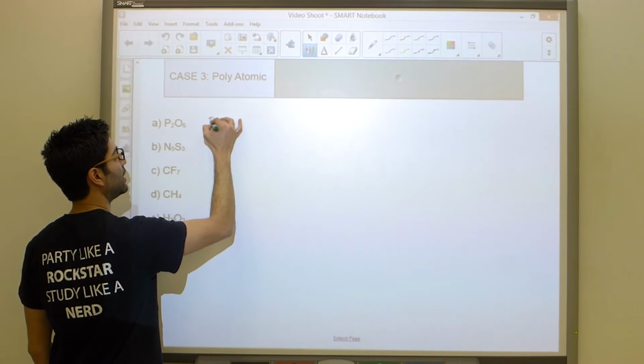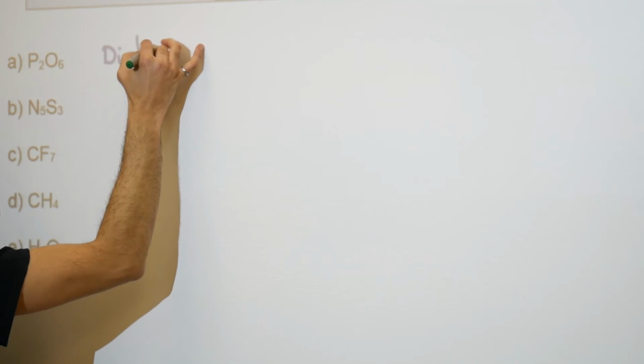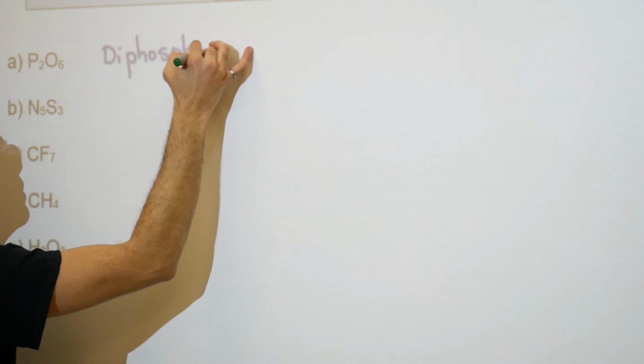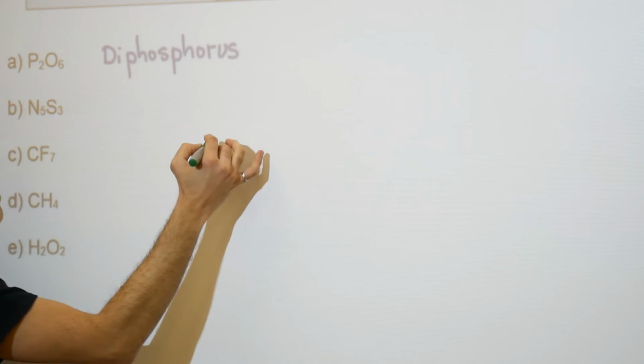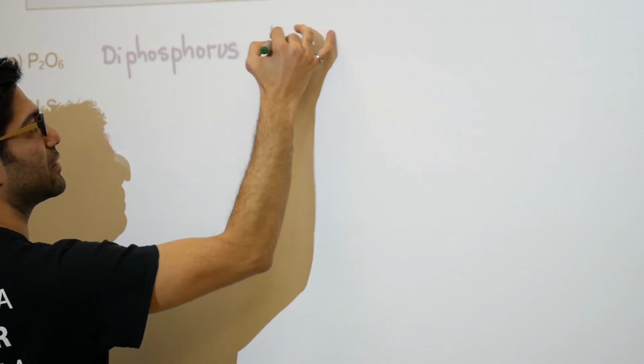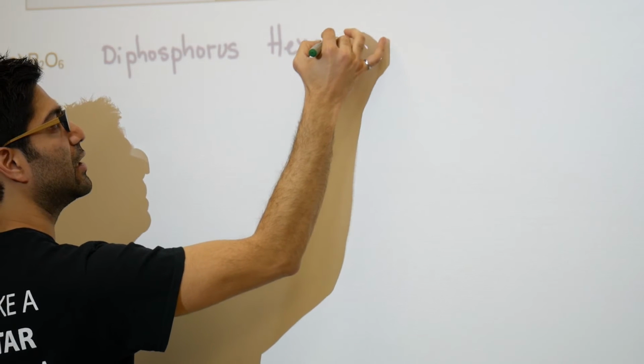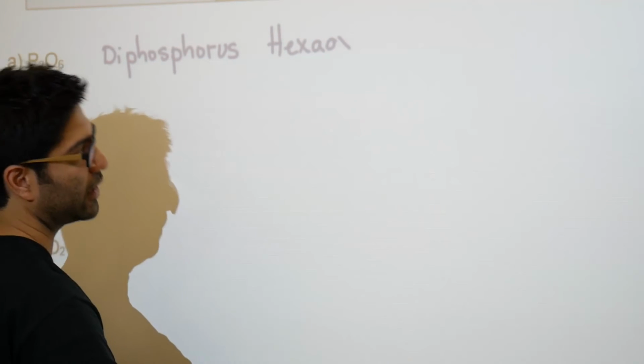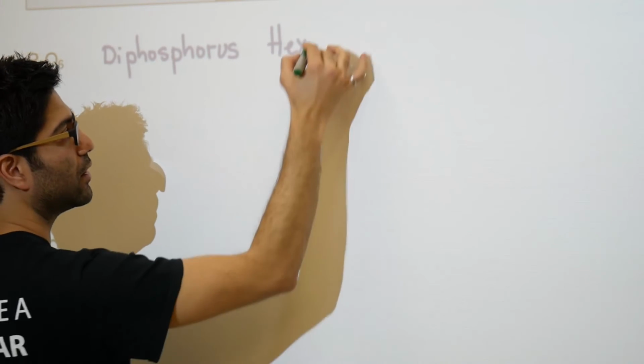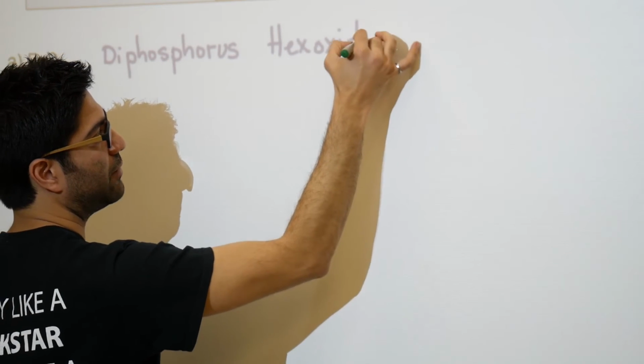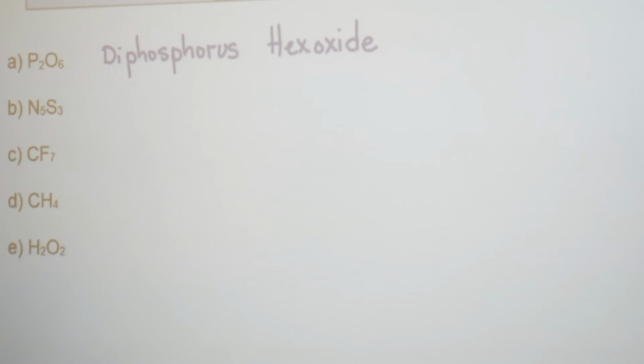So this is going to be diphosphorus, and 6 is hexa, so hexa oxide, or hexoxide, probably. Now don't worry if you don't know how to name these. Remember, your test is going to be multiple choice, right? So the name is going to be supplied to you. Let's practice this a couple more times.